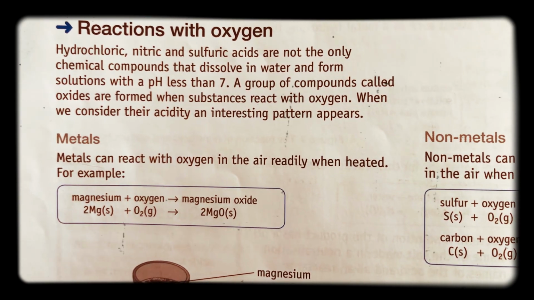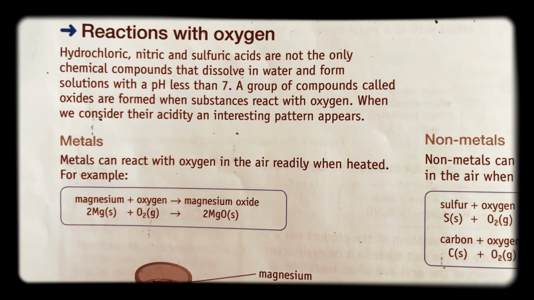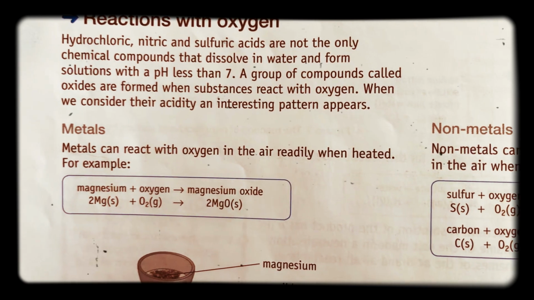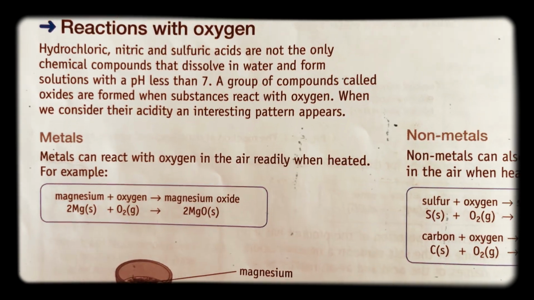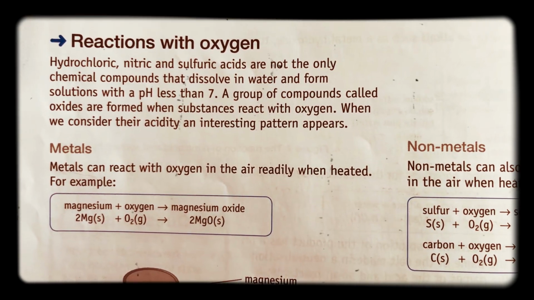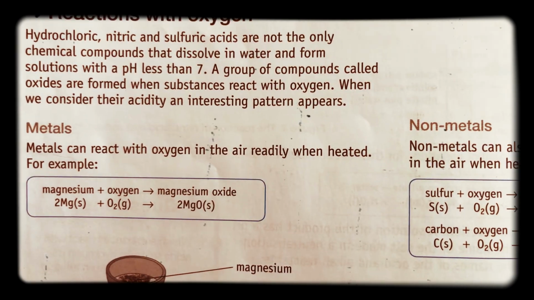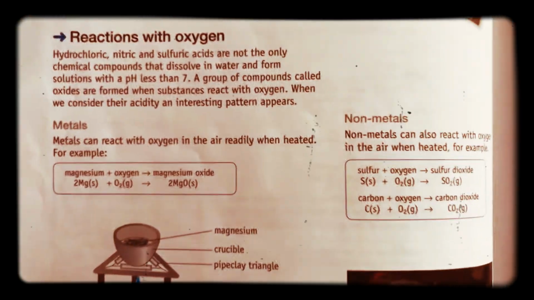Oxides, a group of compounds, are formed when substances react with oxygen, and those can actually exhibit acidic behavior, and they can also exhibit alkali behavior as well if they dissolve in water, or basic behavior if they cannot. So, reactions with oxygen.